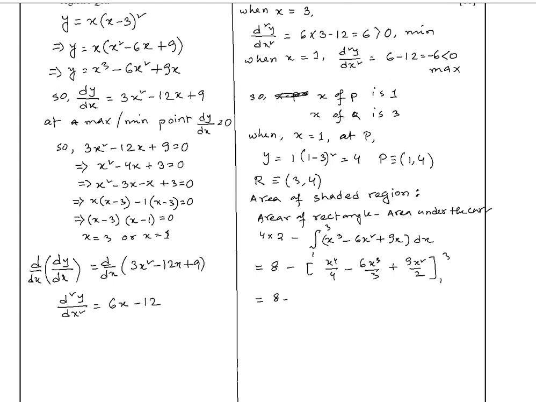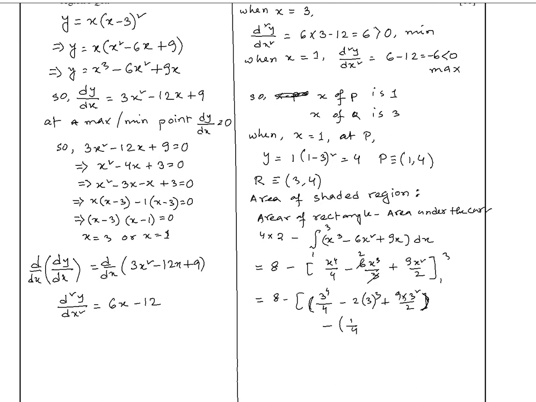So in the next line we can write, now putting the upper limit value, that is 3, we can write 3 to the power 4 divided by 4, then minus 2 times 3 to the power 3 plus 9 times 3 squared divided by 2. Now let's use the lower limit, that is 1.